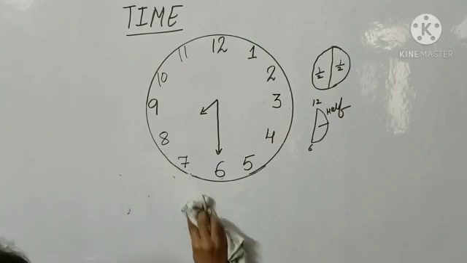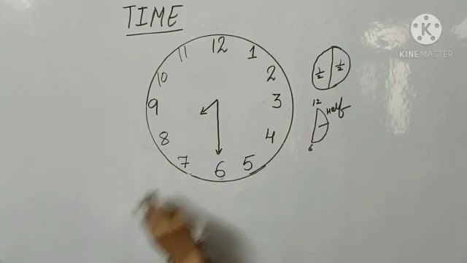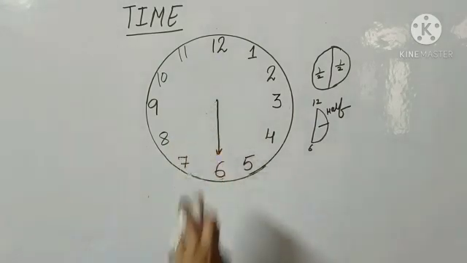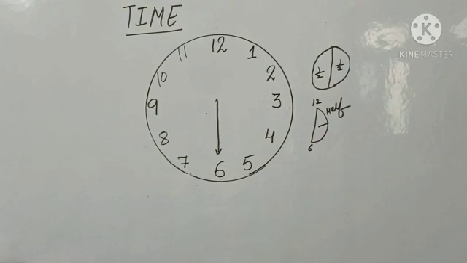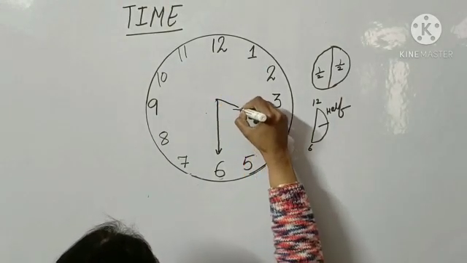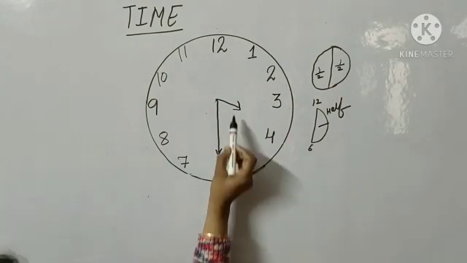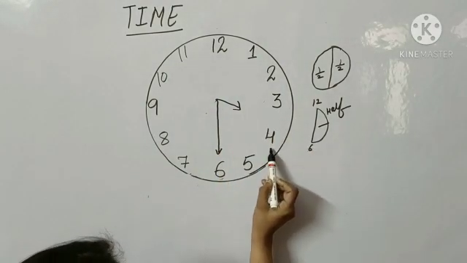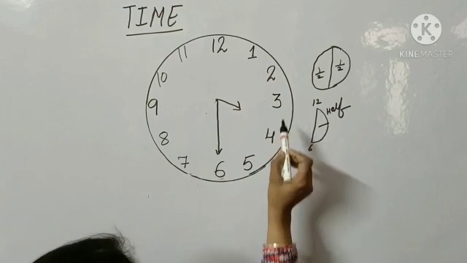Now one more example I will be taking here. The minute hand again will be at 6 only. The hour hand I will change. Let the hour hand be somewhere here. It is not at 3 and it is also not at 4.